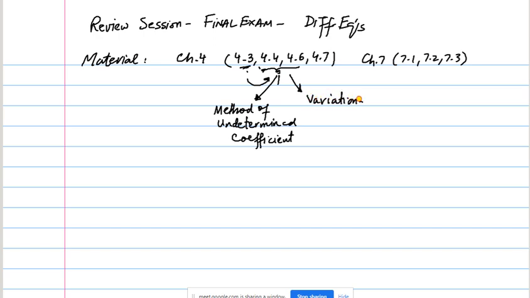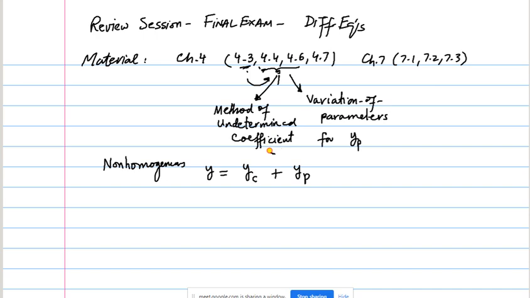So I will ask one question from both. Okay, so basically in 4.4 and 4.6 these both methods are for finding YP, because you know that when you have non-homogeneous equations, your solution is YC plus YP.